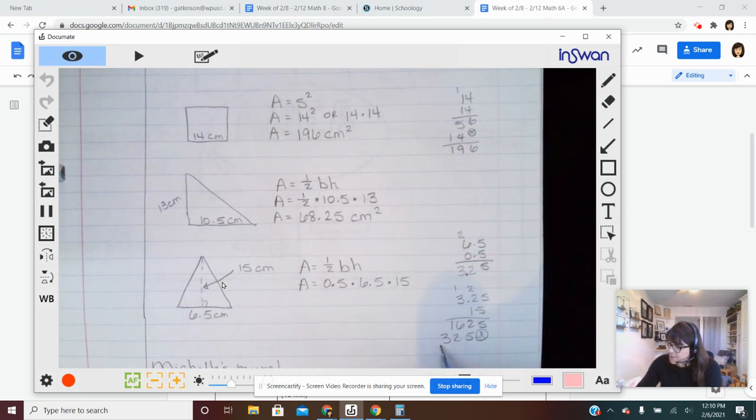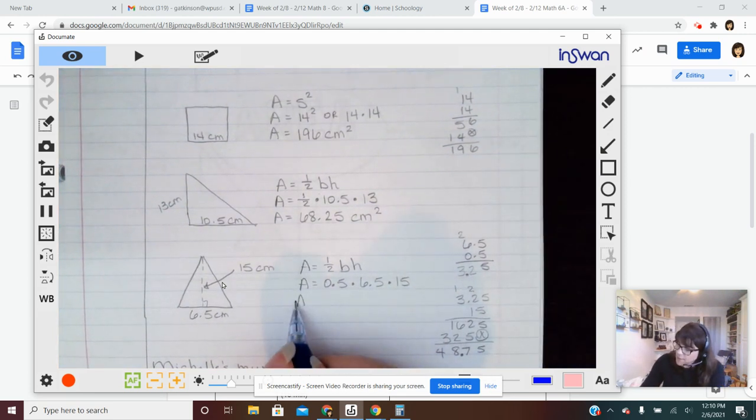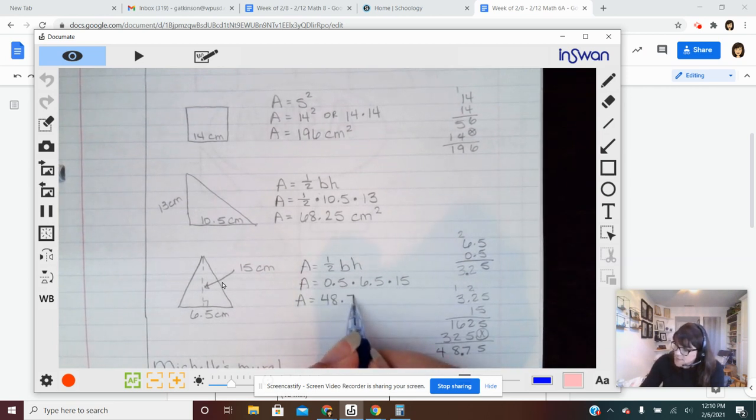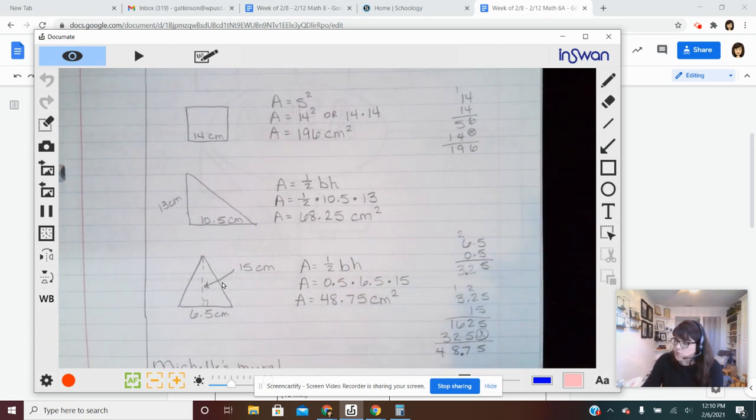There are 2 decimal places. So the area equals 48.75 centimeters squared.